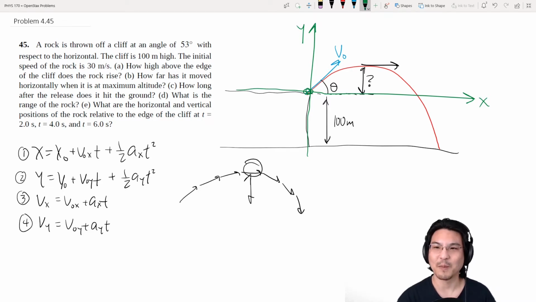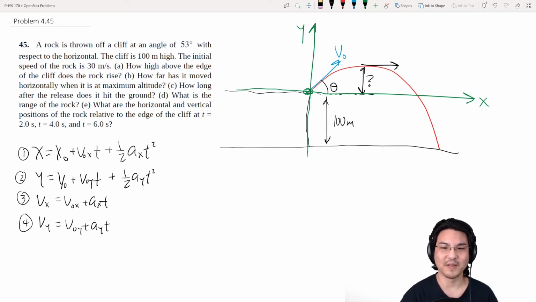Based on the way I picked my coordinates, the y component of the velocity is 0 at the maximum height. So Vy is 0. That ties to equation 4 that I wrote over here. I'll just jot it down.